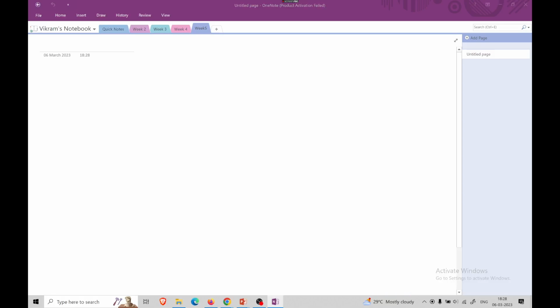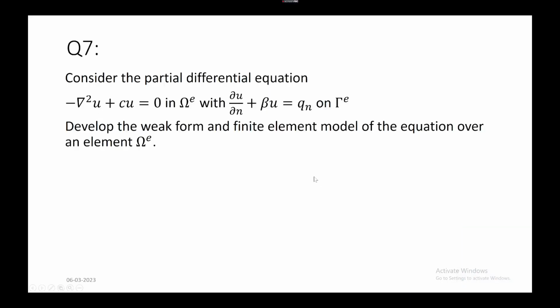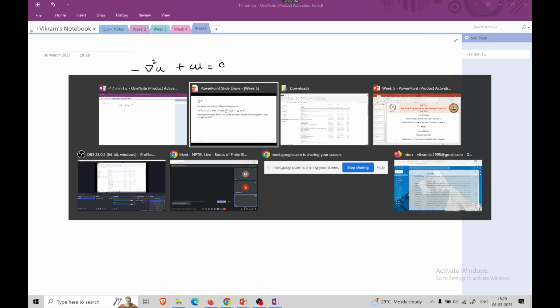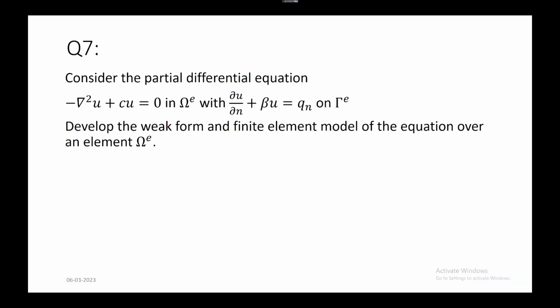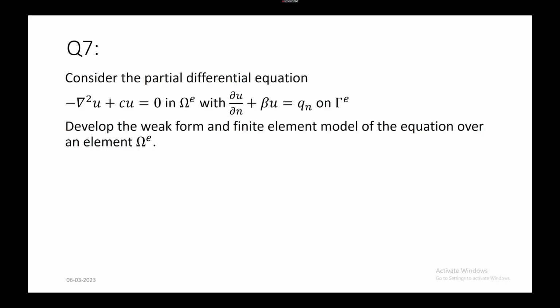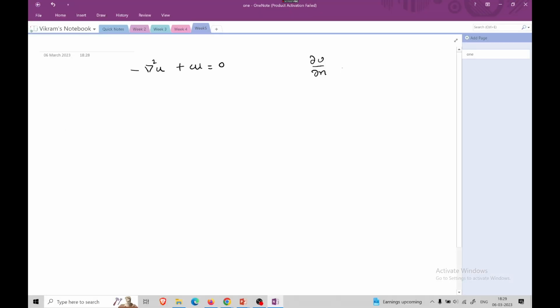If I just repeat, I'll look at the question. Minus del square u plus u is equal to 0, and dou u by dou n plus beta u is equal to qn.